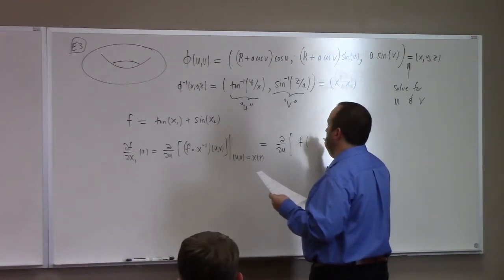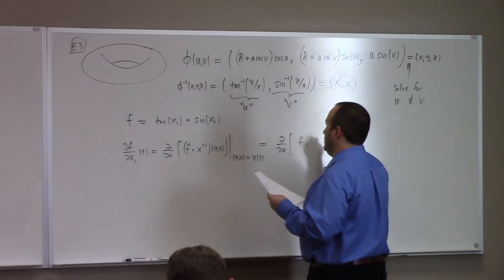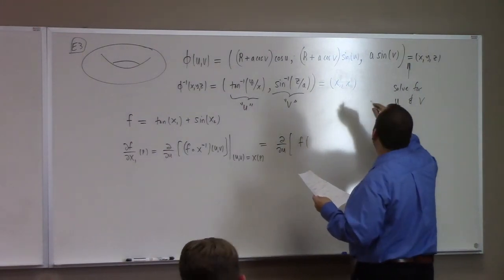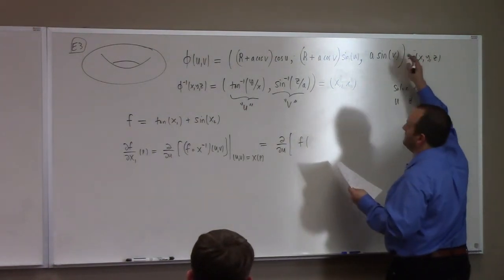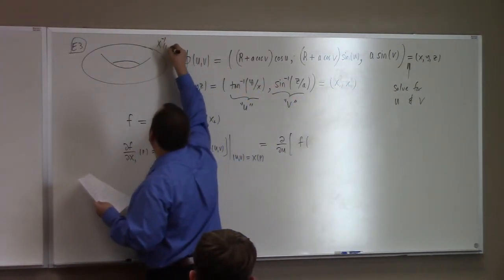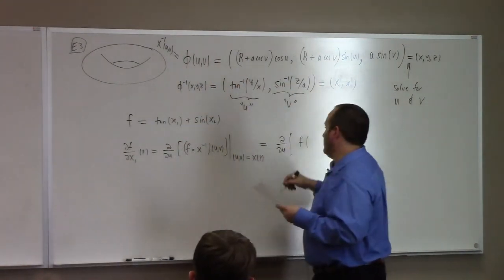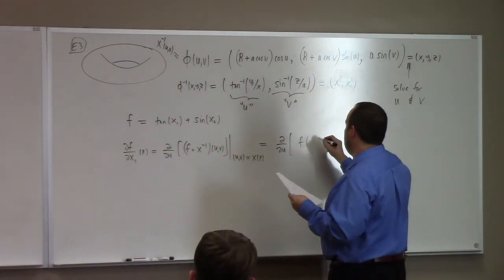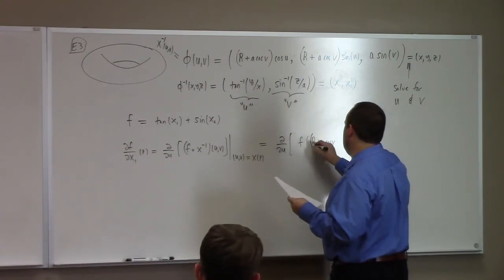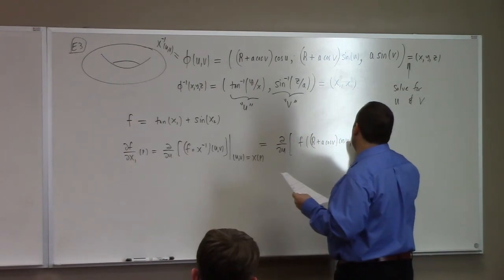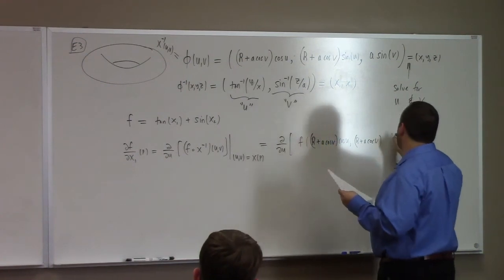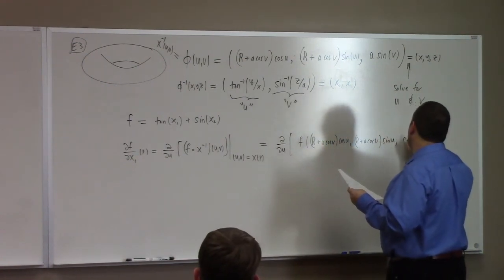So this is where I'm getting into trouble. This is my x inverse of u, v, right? So x inverse of u, v is actually r plus a cosine v, cosine u, r plus a cosine v, sine u, a sine v.